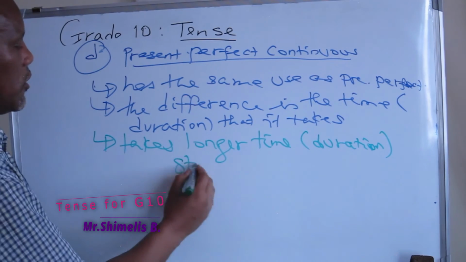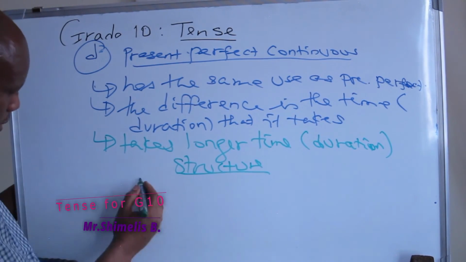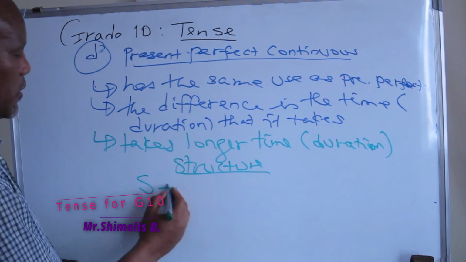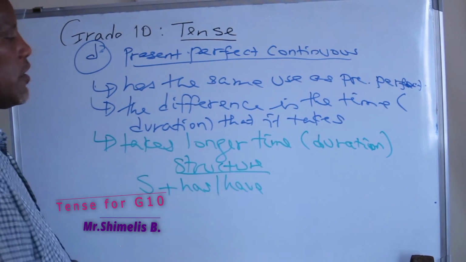The structure or the form of present perfect continuous tense is this. We use a subject as a sentence and has or have as an auxiliary verb marker.